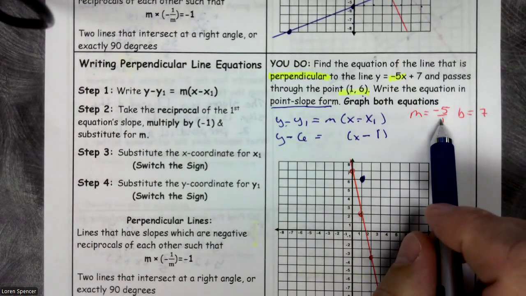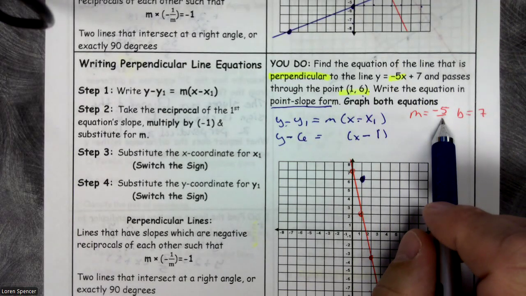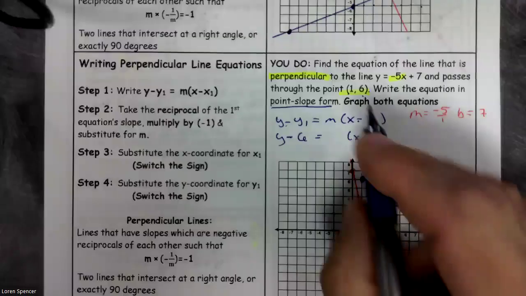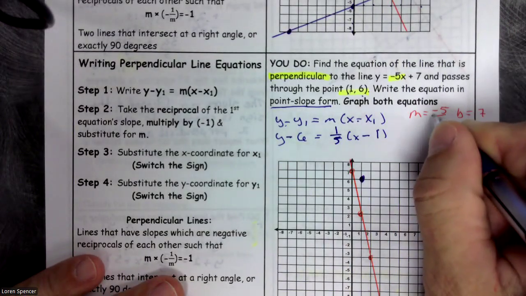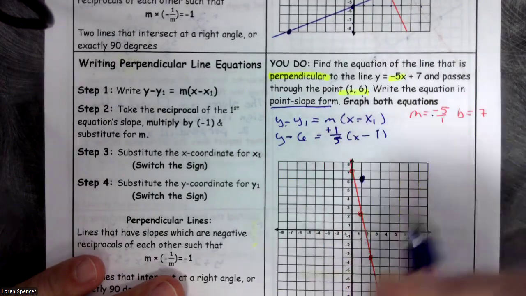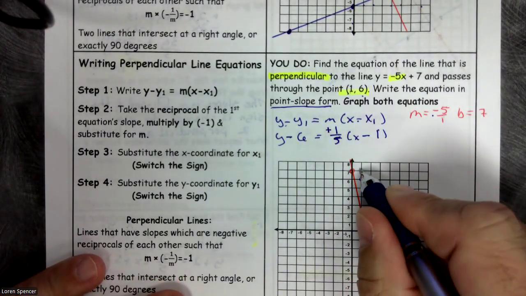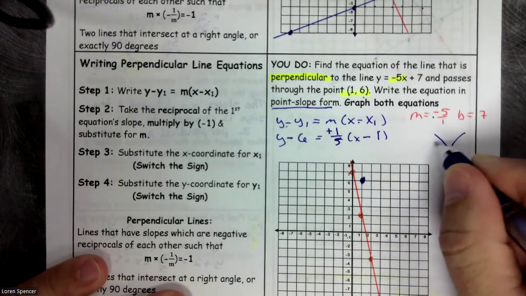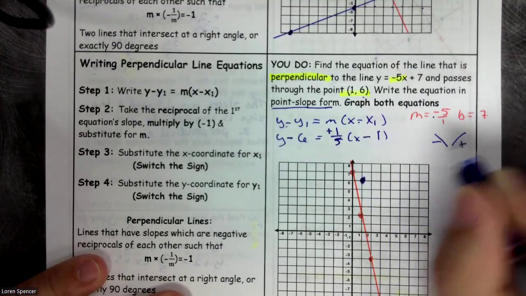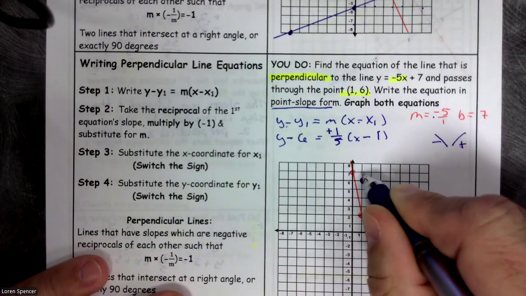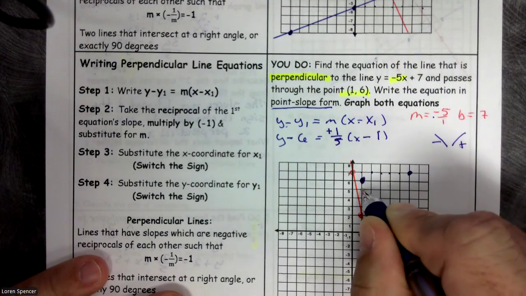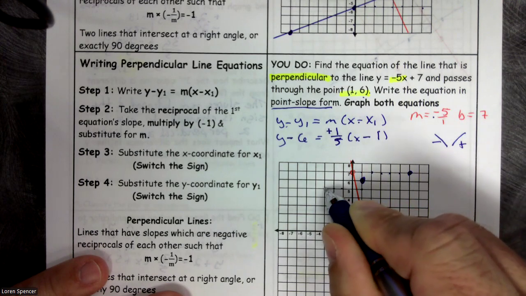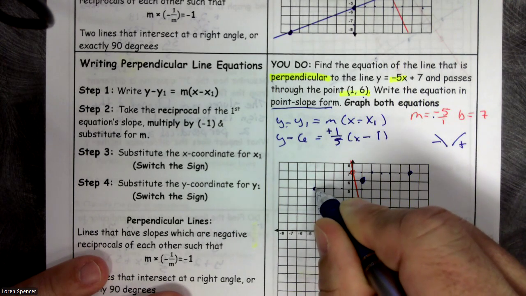But here we have a negative 5/1. That's my slope. So I need to flip it and change the sign. Well, this was a negative, so now I need to make it a positive. So that means, remember, angry man eyebrows, we got to go up and over 5. And down 1 and over 1, 2, 3, 4, 5.